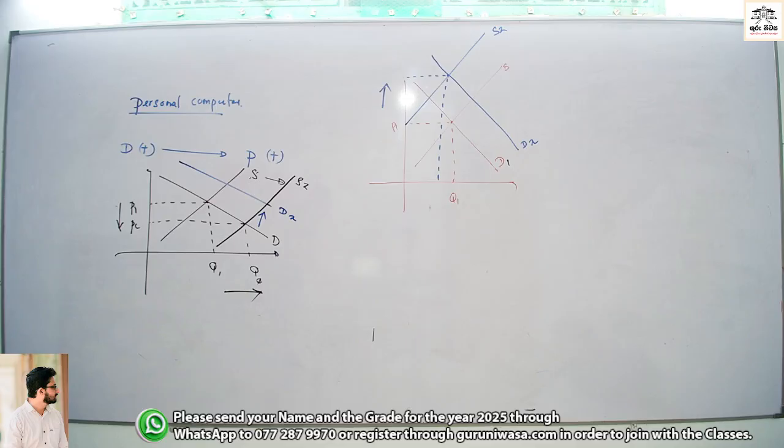When demand increases, when supply increases faster than demand, you can say equilibrium price falls and quantity increases.